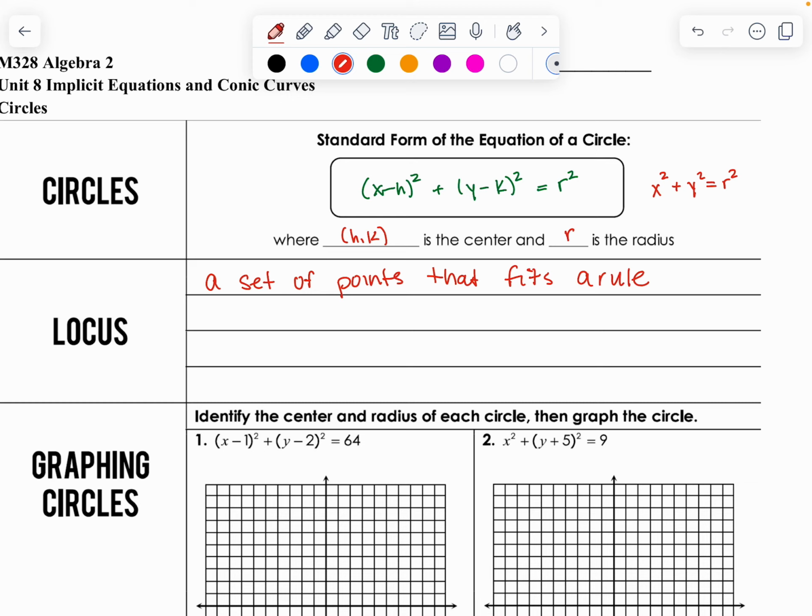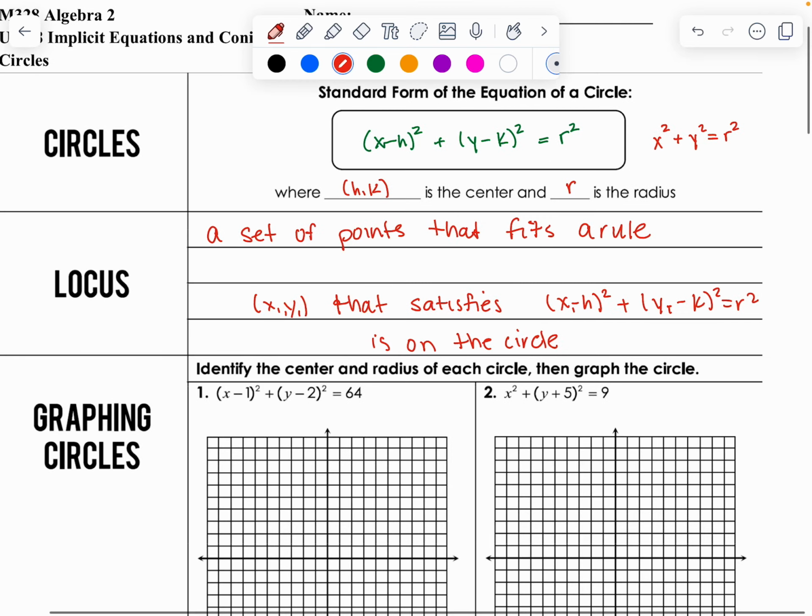And that actually means that every (x, y) that satisfies the equation (x minus h) squared plus (y minus k) squared equals r squared is on the circle. It's just a set of points that fits a rule.